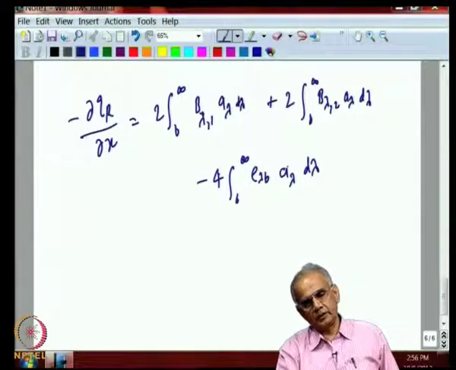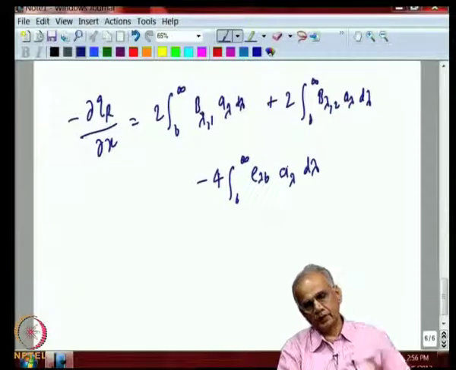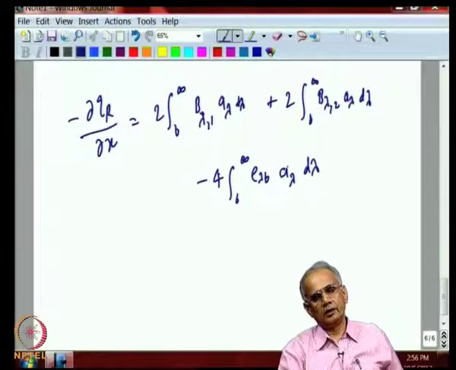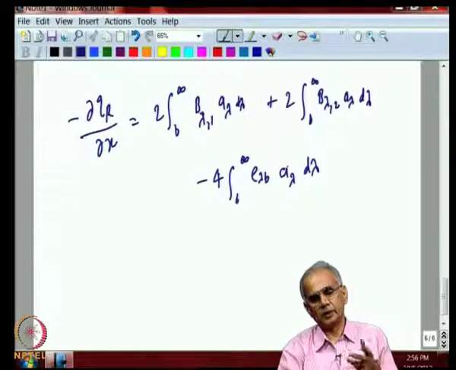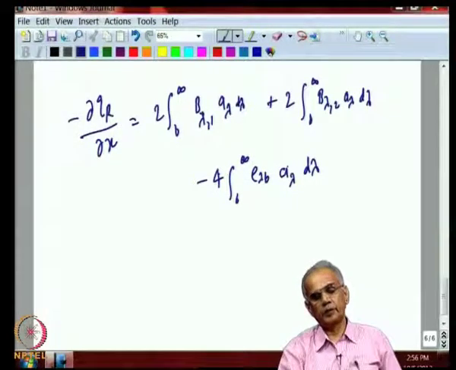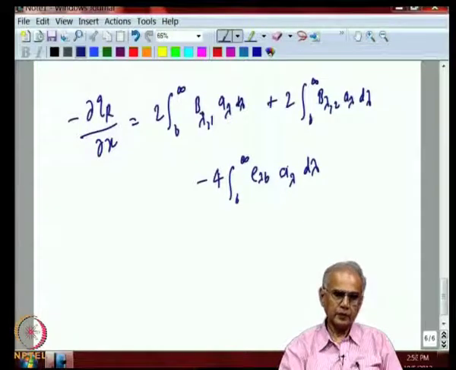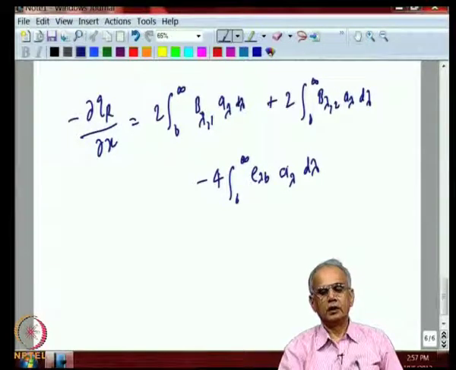Suppose let us assume that you had access to a computer and you did all these calculations for a gas typical of a furnace containing some carbon dioxide and some water vapor, and knowing their properties you calculate all this. Even if you do that, it will be useful to write this equation in a more understandable form.